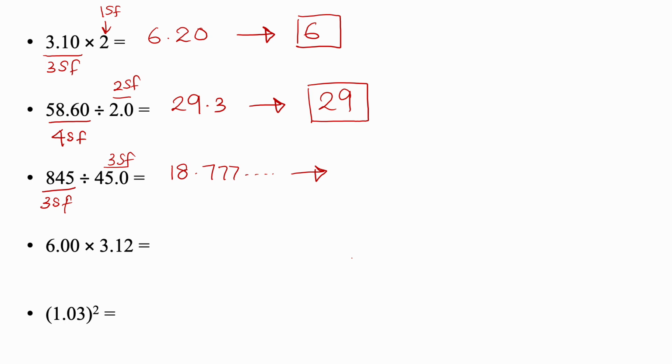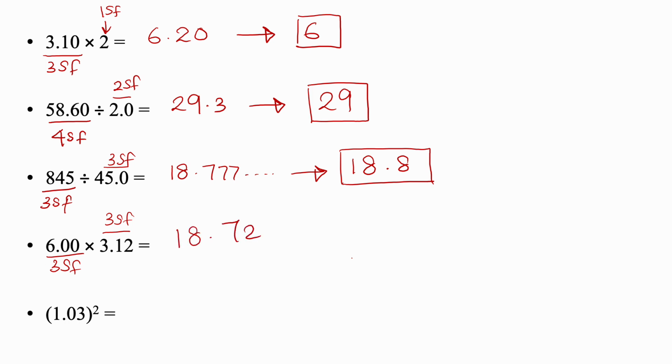So you are going to write the answer as 18.8 by rounding off the answer given in the calculator. 6.0 has 2 significant figures and 3.12 has 3 sig figs. When you multiply these two numbers, your answer in the calculator is 18.72, which has 4 significant figures. But you should have only 3 in your final answer, which is 18.7.